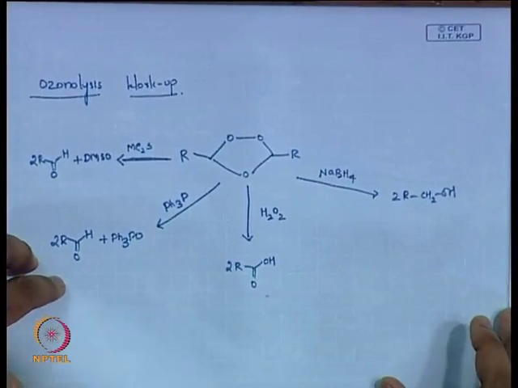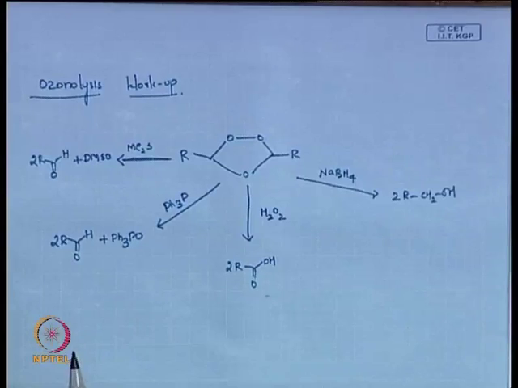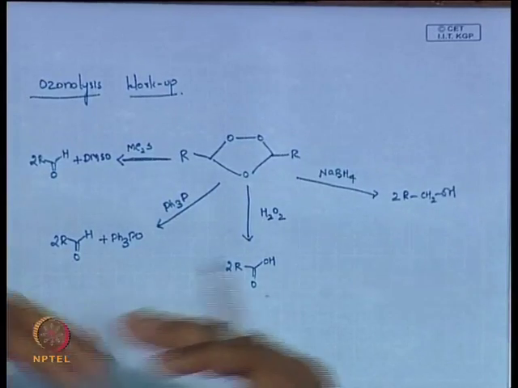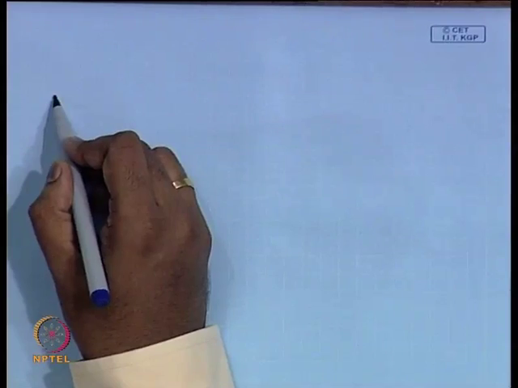Now so far we were doing ozonolysis of a linear alkene. If it is a cyclic system, you get nice products. For example, you take cyclohexene.